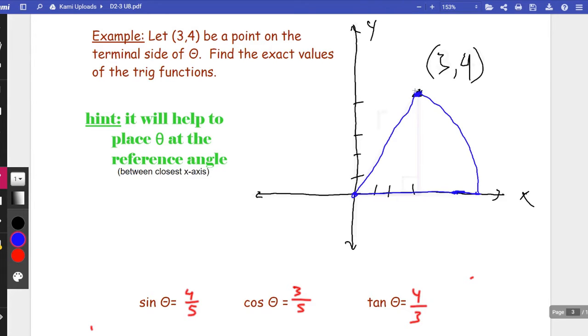So our angle theta is created by the initial side and the terminal side. That would be this degree measurement. We don't know exactly what that is yet, but we know that that's where we would put theta, because this point is created.